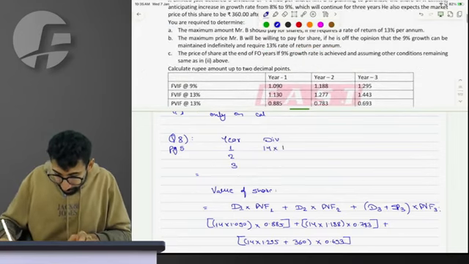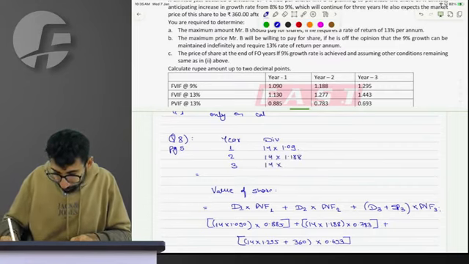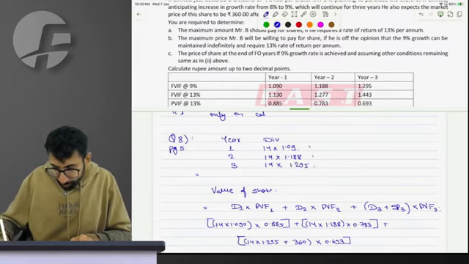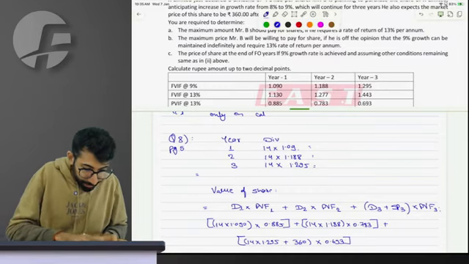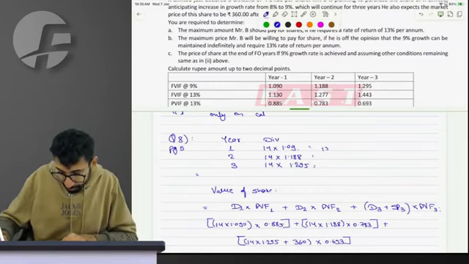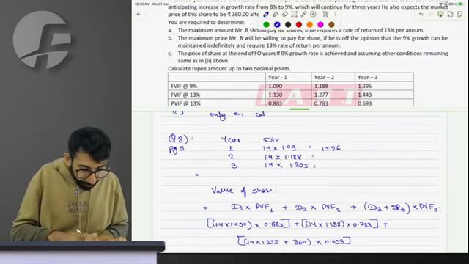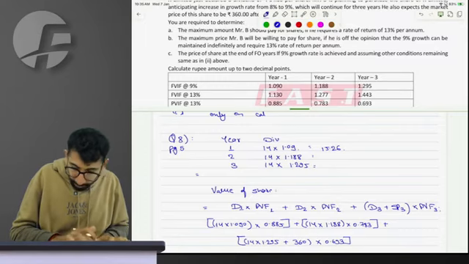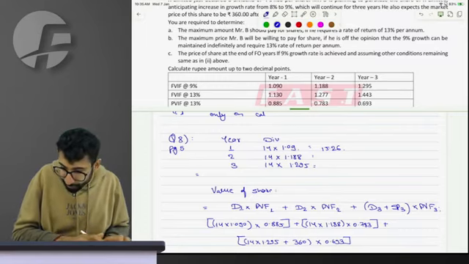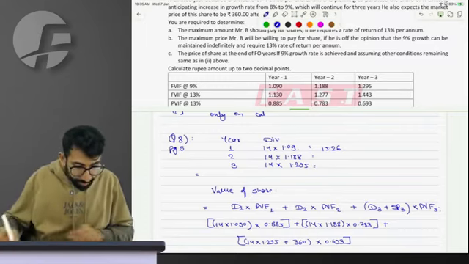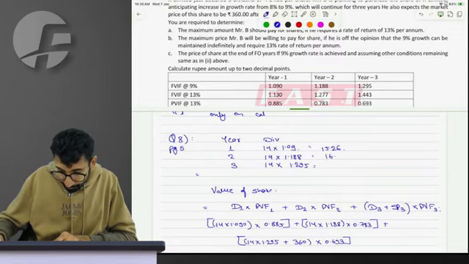14 multiplied by 1.09, then 14 multiplied by 1.188, then 14 multiplied by 1.295 will give you the dividends of the next 3 years. 14 multiplied by 1.09 is 15.26. Then 14 multiplied by 1.188 is 16.632.